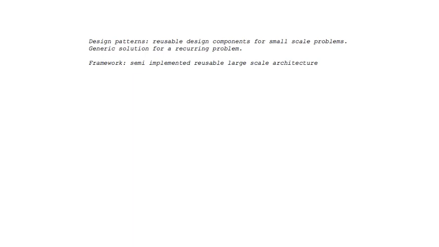When we talk about a generic solution, even though the problem is the same, the output, the design, is going to be different.